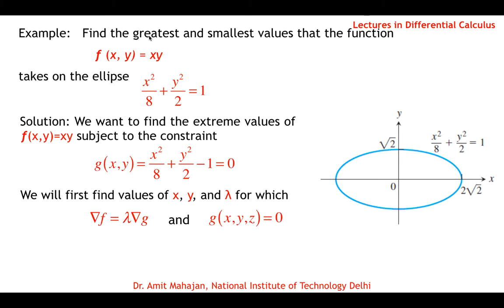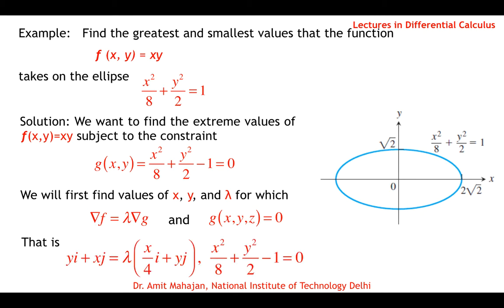And here the functions are only in x, y, so there is no z, so the gradient will be i times the x derivative plus j times the y derivative, that's it.